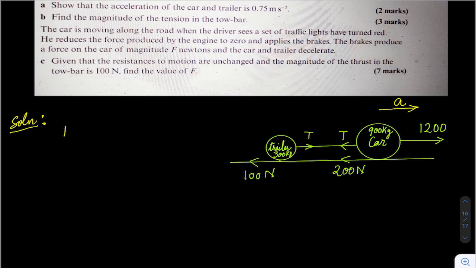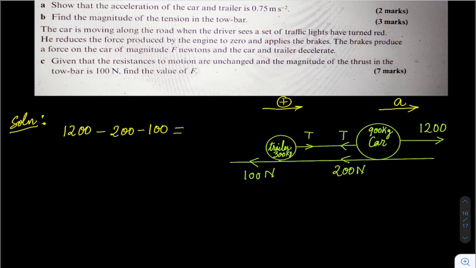So what's the net force? So 1200 newtons is on right side. So let's take right side as positive direction. Okay, so 1200 minus 200 newtons minus 100 newtons. These are the external forces, and this should be equal to net mass.